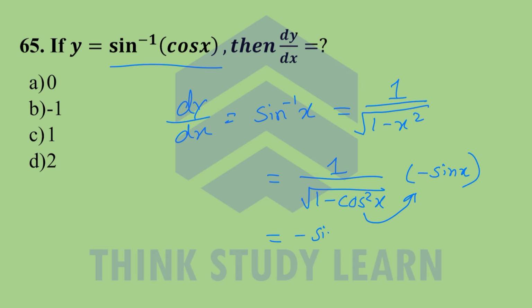Then minus sin x over square root of 1 minus cos square x can also be written as minus sin x over square root of sin square x, and minus sin x over sin x will give us the value equal to -1. So B option is the right answer.